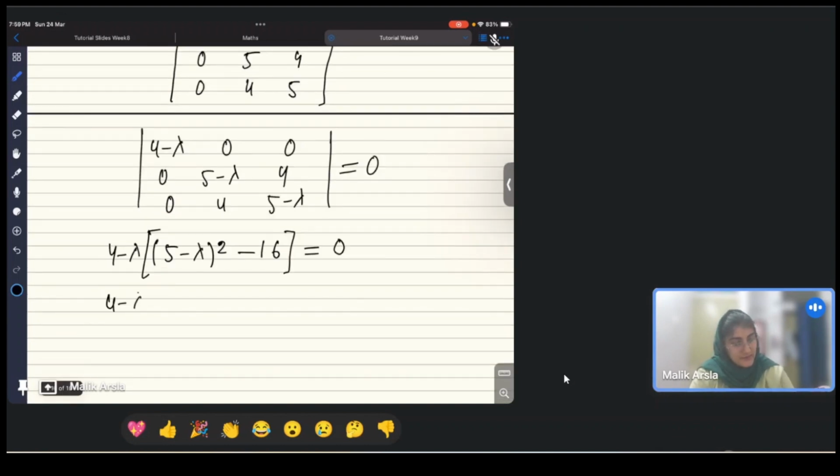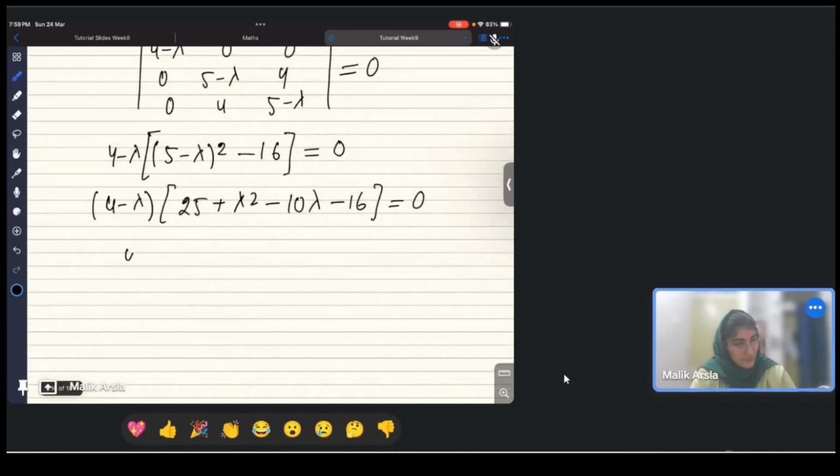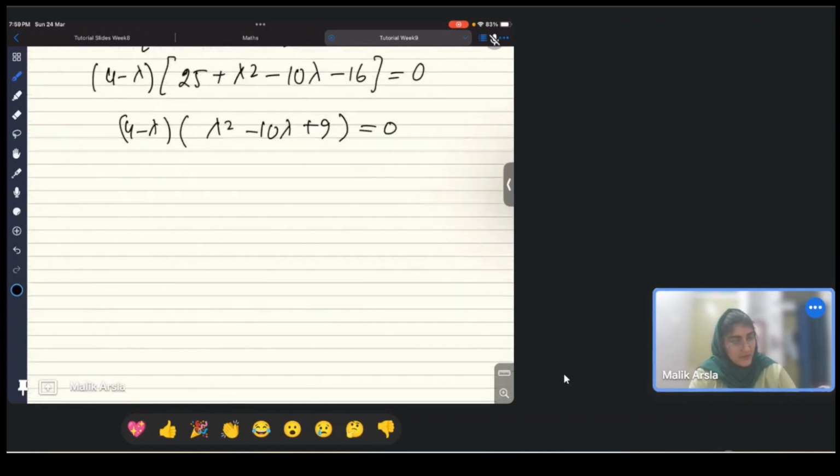It will be (4 minus lambda) into a square plus b square minus 2ab, so (4 minus lambda) into (lambda square minus 10 lambda plus 9), right? It will be (4 minus lambda) into (lambda square minus 10 lambda plus 9).